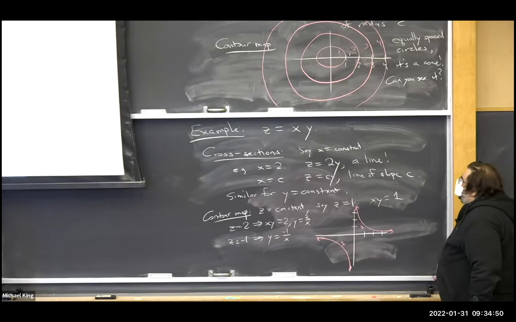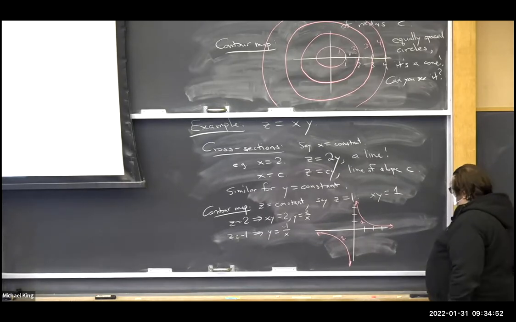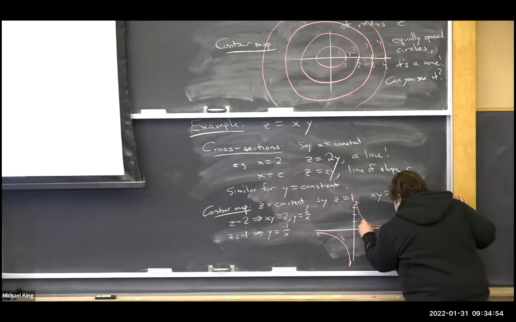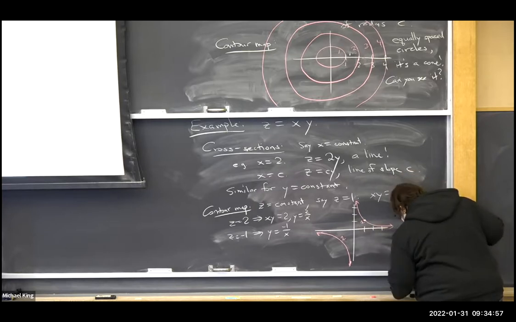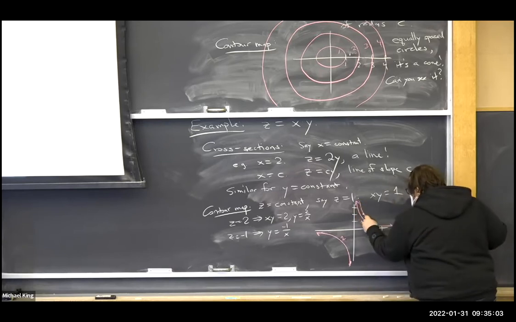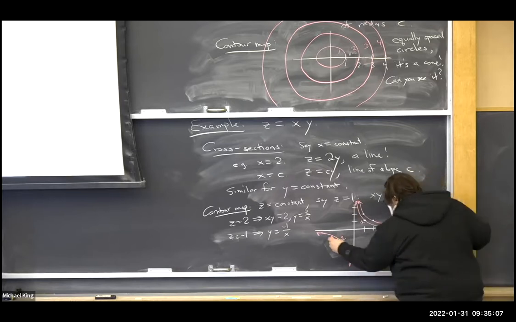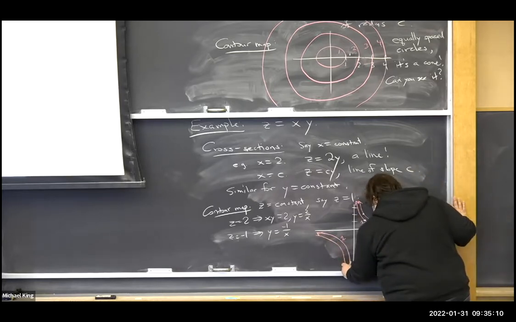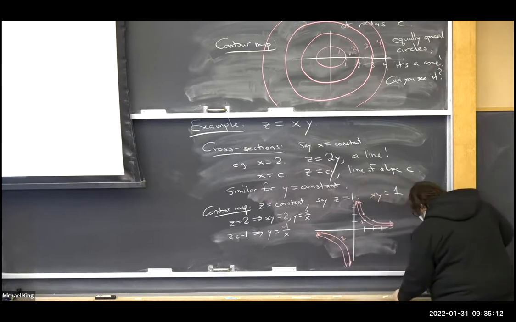Okay, sorry, so this is the board. Right, xy equals 1 goes through that point. xy equals 2 goes through the points (2, 1) and (1, 2). So it's like that, and then similarly like that. So it's something like that.